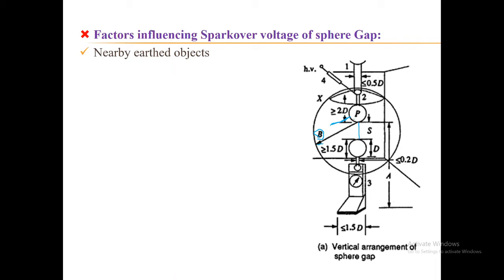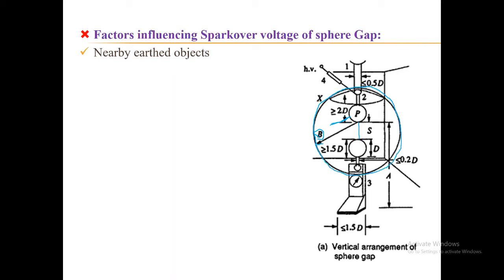Sometimes it may damage the equipment which may be placed close to the sphere gap assembly. So when we are performing the test and measuring the high voltage magnitude with the sphere gap assembly, we should remove the earth objects from this region of B, from this radius or the circle.